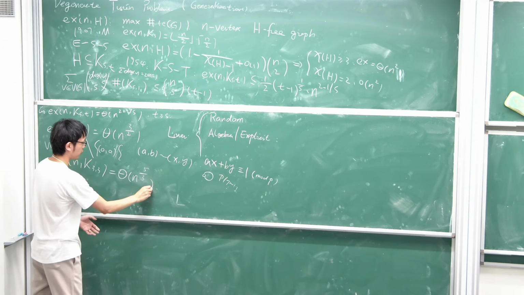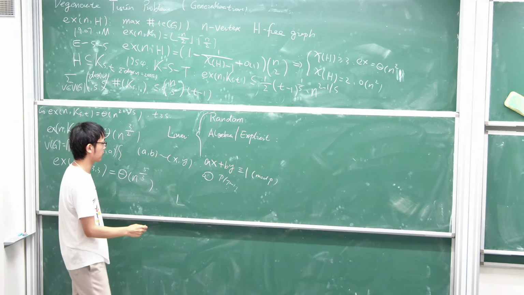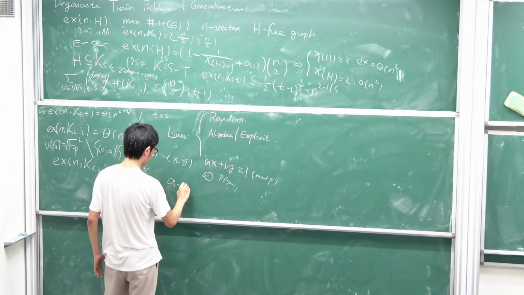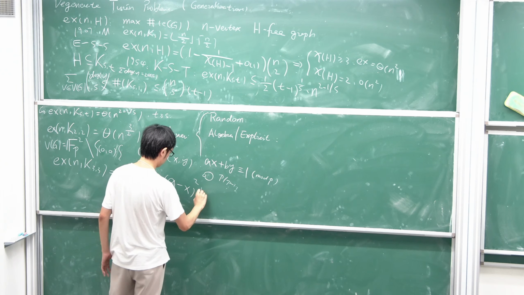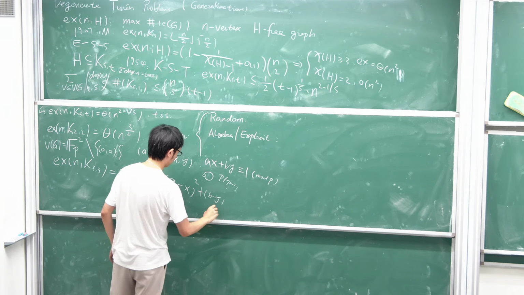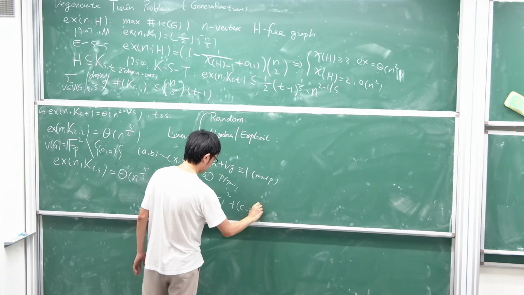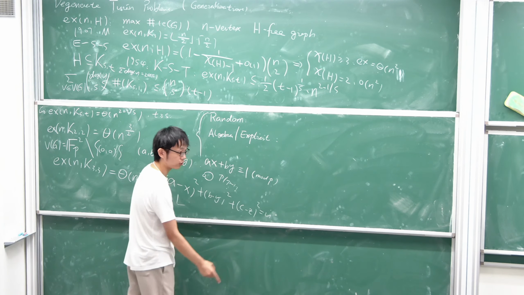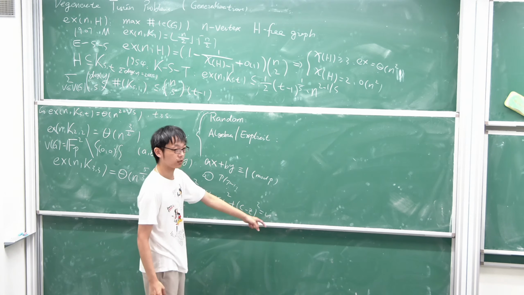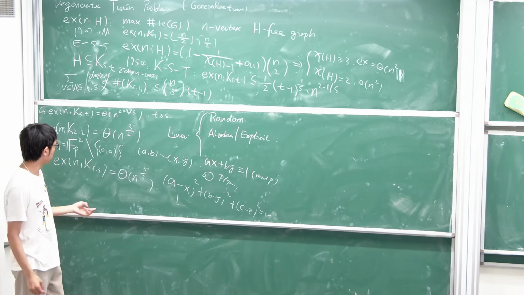It takes a little bit more complicated form, like (a minus x) squared plus (b minus y) cubed plus (c minus d), with some carefully chosen element in F_p.